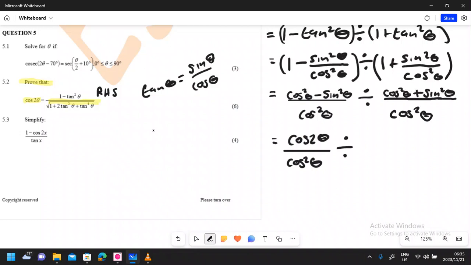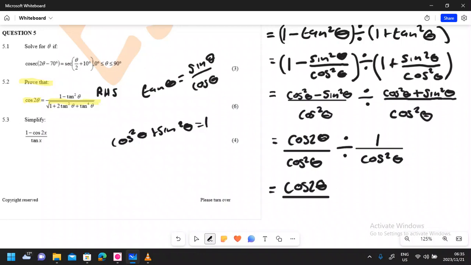If you remember, cos squared theta plus sine squared theta is equal to 1. So we can say 1, then divided by cos squared theta.